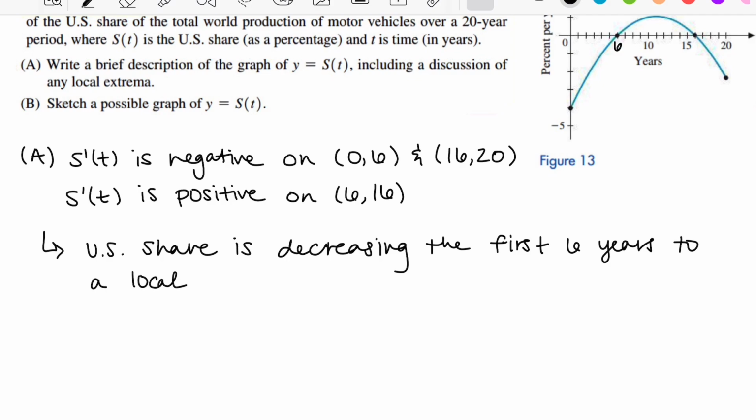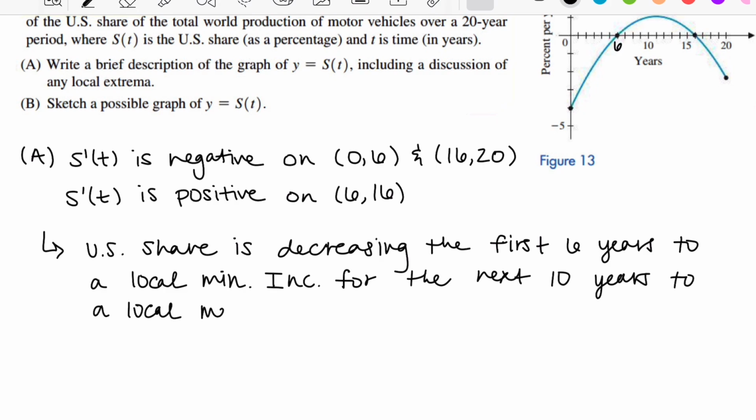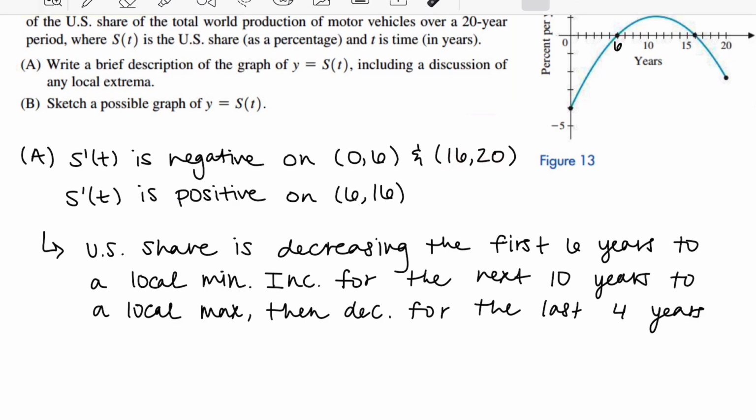And it will decrease to a local minimum, because we know that it then will increase for the next 10 years, from year 6 to year 16. And that'll increase to a local max, because we know that it will then decrease for the last 4 years, from years 16 to 20.